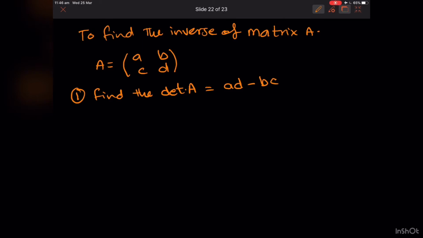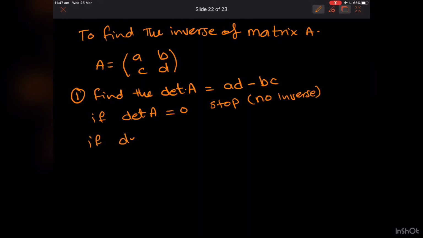And then if the determinant of A is equal to 0, then there is no solution. I mean, you cannot inverse that matrix. You need to stop, as there is no inverse in this case.